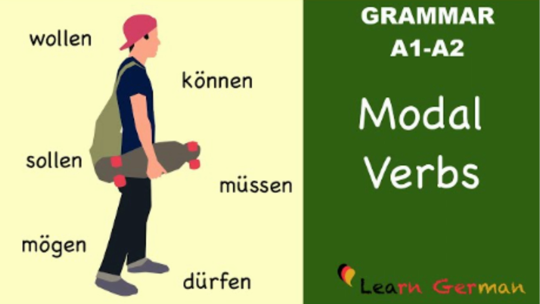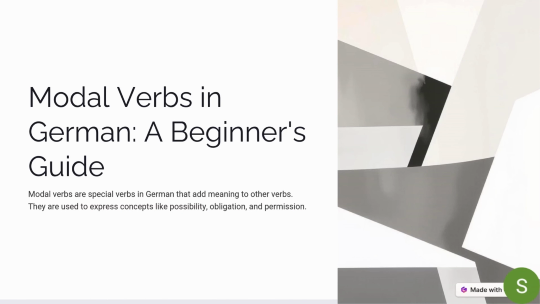So let's dive into the first segment. What are modal verbs? Modal verbs are verbs that modify the meaning of the main verb. In each sentence we have the main verb, and the modal verbs only modify its meaning.